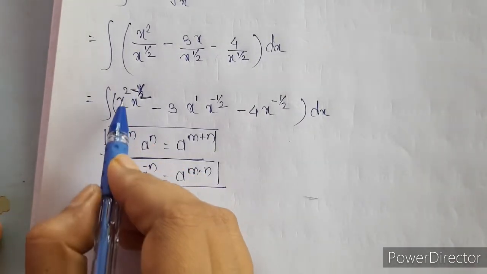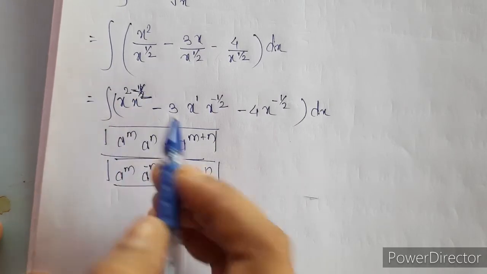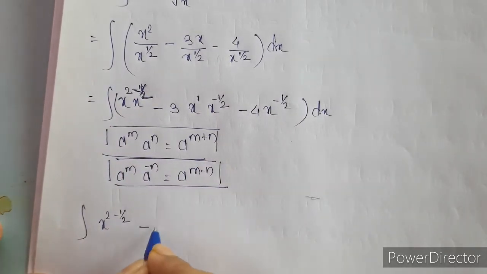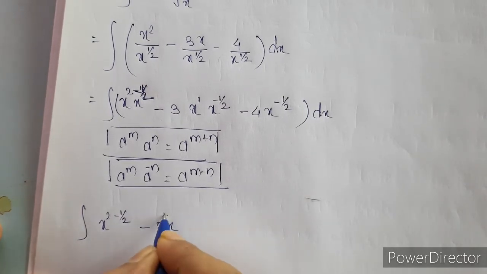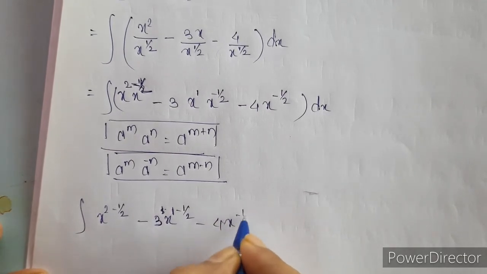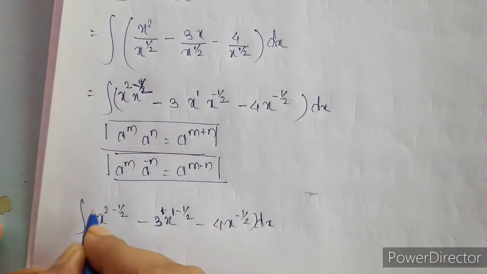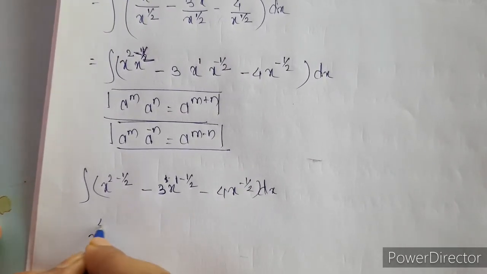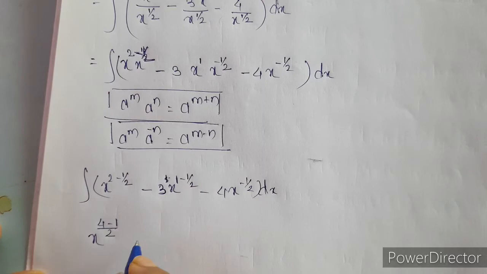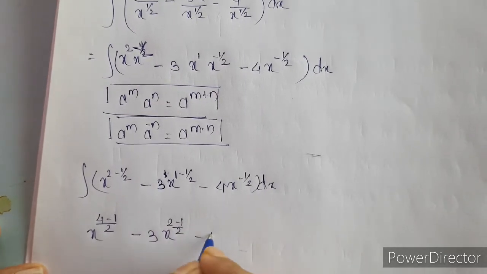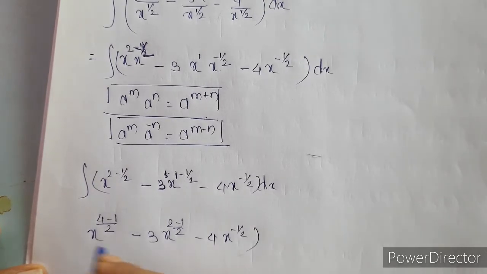So this x square into x raised to power minus half can be written as x raised to power 2 minus half, and this x raised to power 1 minus half, and this will remain as it is. So what is 2 minus half? We can write this as 4 minus 1 by 2, minus 3 times x to the power 2 minus 1 by 2, this will remain as it is.